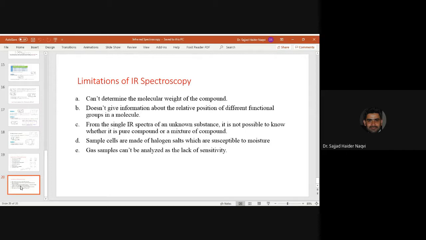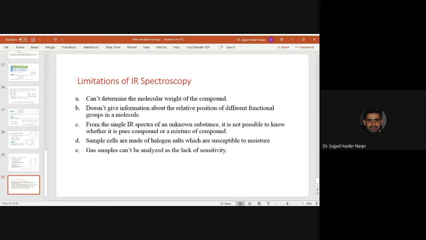Sample cells are made of halogen salts, which are susceptible to moisture. So if water gets in, it interferes with the spectroscopy. Gas samples can't be handled due to the lack of sensitivity. For gas samples, gas spectroscopy and different other techniques are used. So these are the limitations for IR spectroscopy.